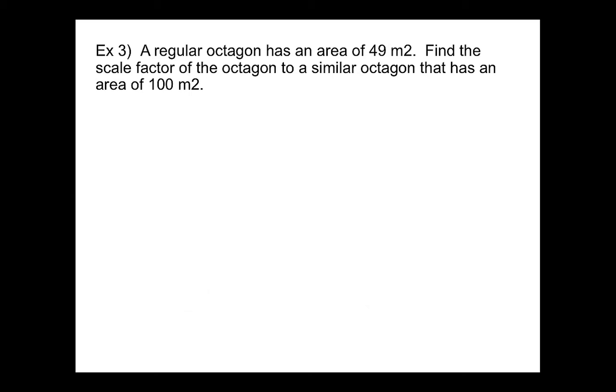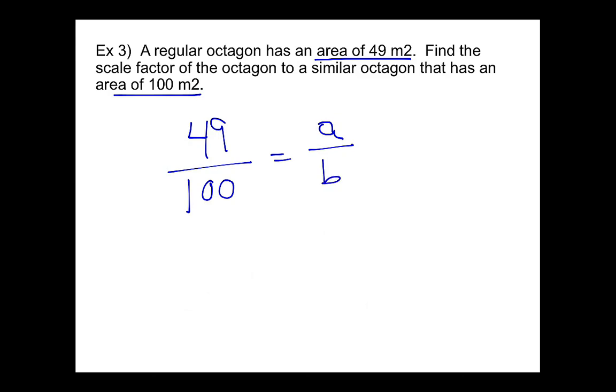So we can use that to answer our last example here. A regular octagon has an area of 49 meters squared. Find the scale factor of the octagon to a similar octagon that has an area of 100 meters squared. So area of the small one is 49 meters squared. Area of the big one is 100. So let's just write that down. So the small area is 49, the big area is 100. We know that the scale factor of A to B should be A squared and B squared when I start comparing areas.